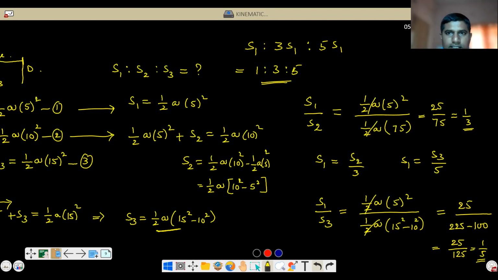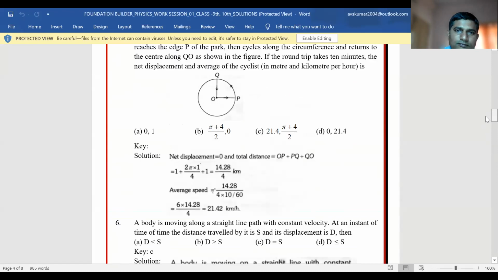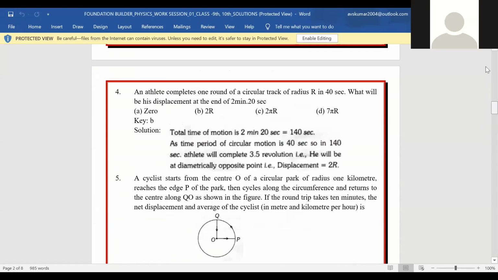Are you able to see anything on the screen? No, sir, nothing. Are you able to see here?